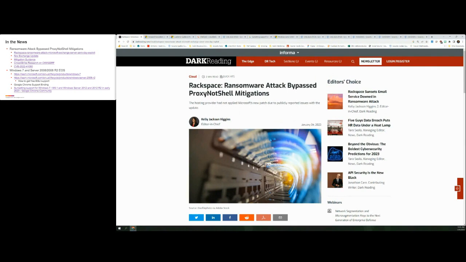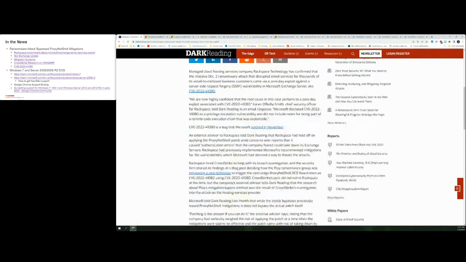The attacker was able to bypass those mitigations and actually exploit the vulnerability that the patch fixed, and from there was able to gain access to, and they did encrypt, upwards of 27 of Rackspace's customers' Exchange environments before the attack was basically shut down by shutting down access to that Exchange environment. So all of those customers were then disrupted by that.